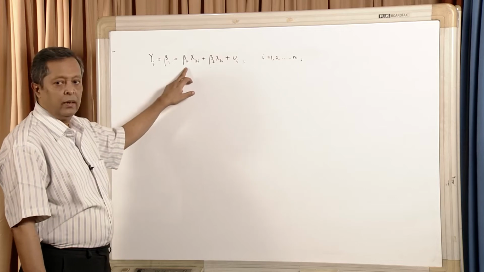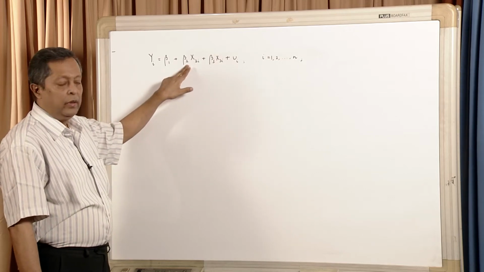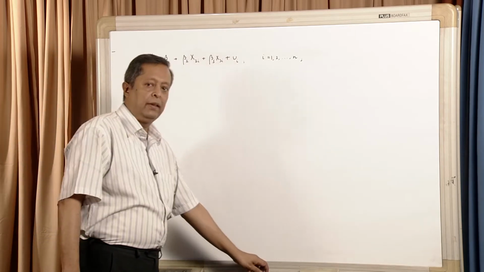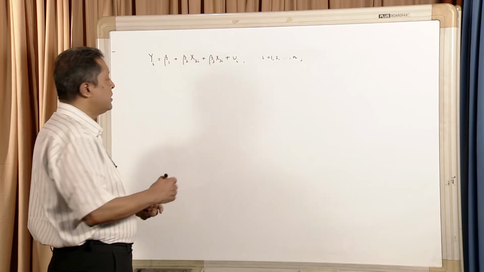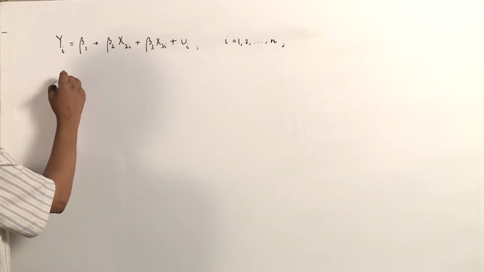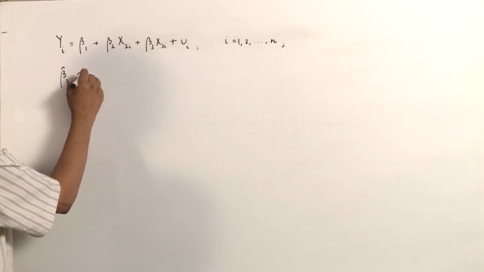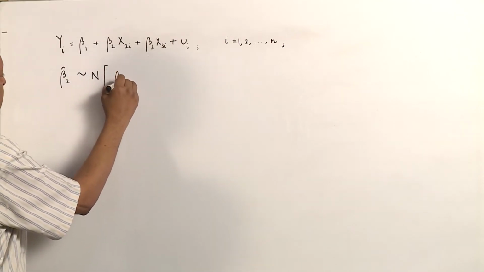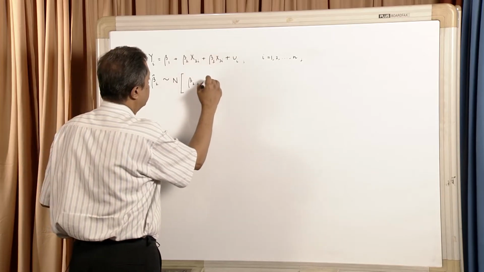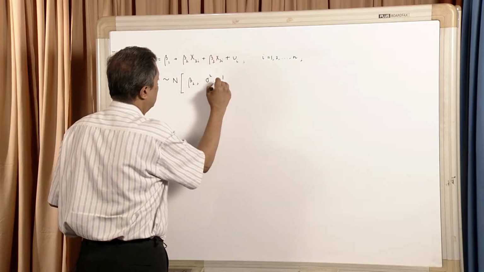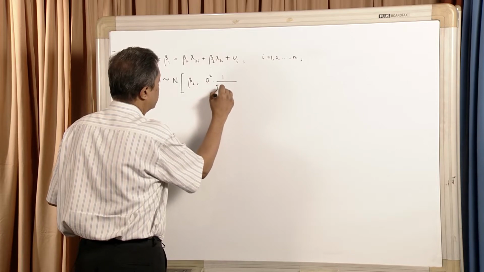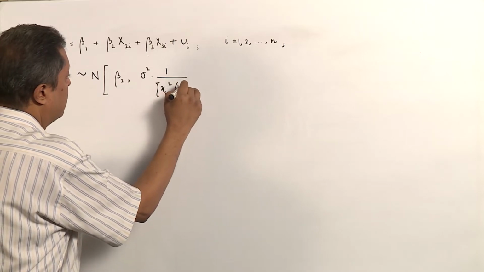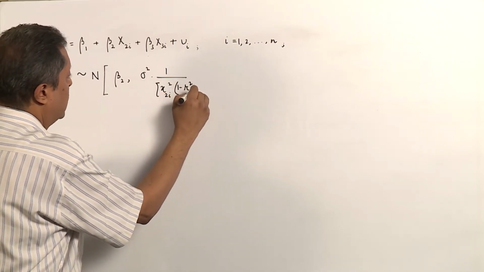So, we test something about beta 2 using the sampling distribution of beta 2 hat, and we recall from our earlier modules that beta 2 hat follows a normal distribution with mean beta 2 and variance sigma square into 1 upon summation x2i square into 1 minus r square 2 3.